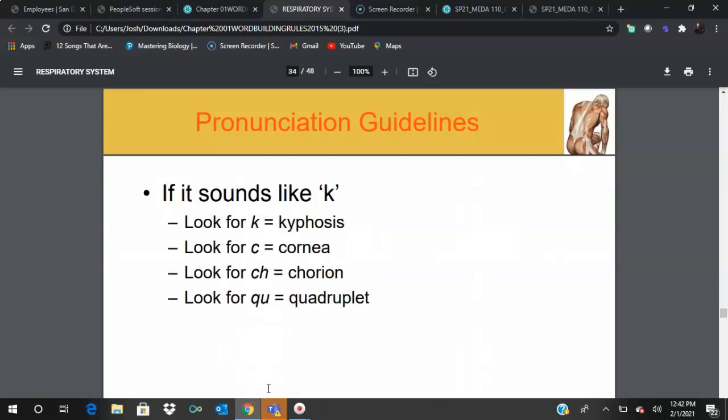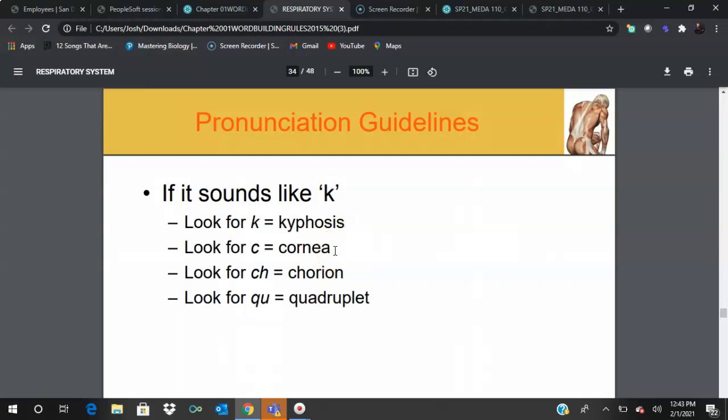So then we have the K sound. There's a couple of other sounds that are the hard K sound as well. So here we have kyphosis. Kyphosis is an abnormal curvature of the upper part of the spine that happens with osteoporotic patients. It's also called a humpback.